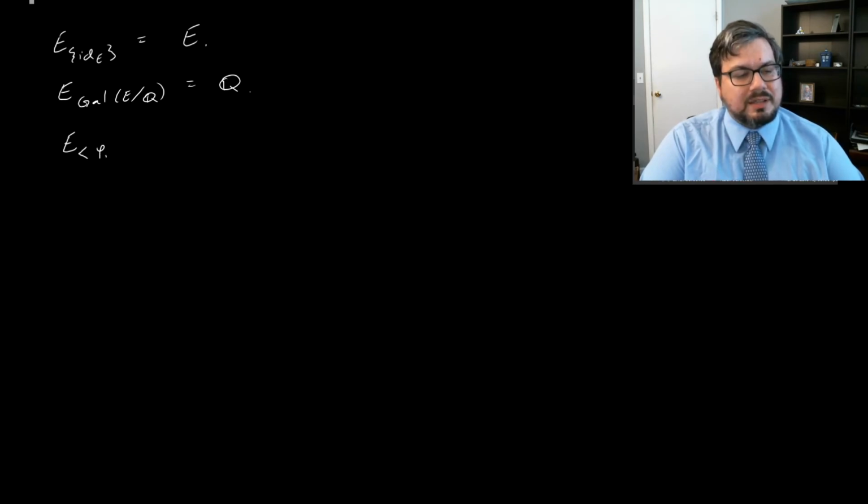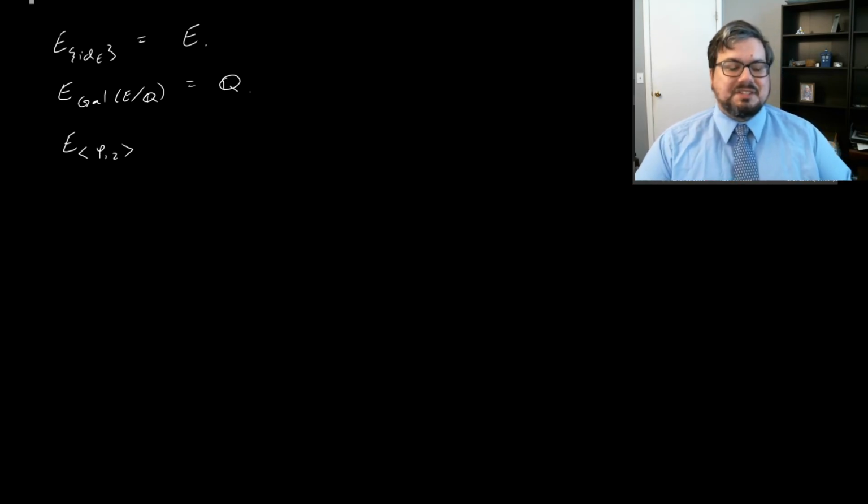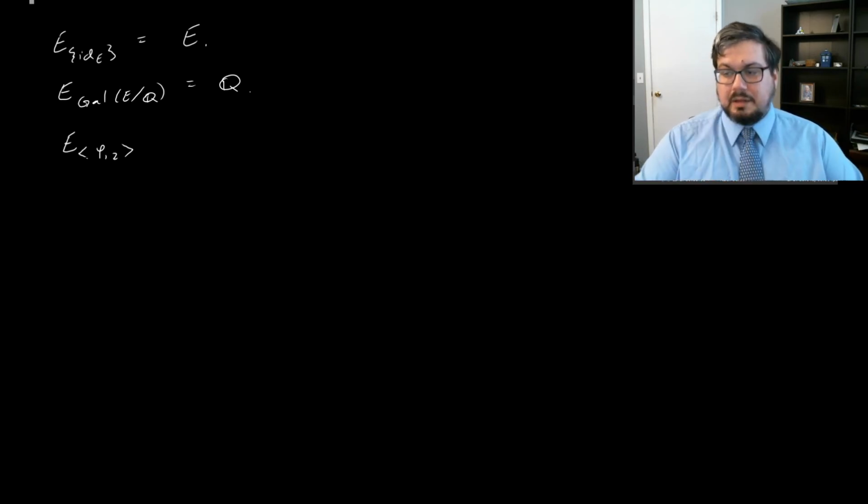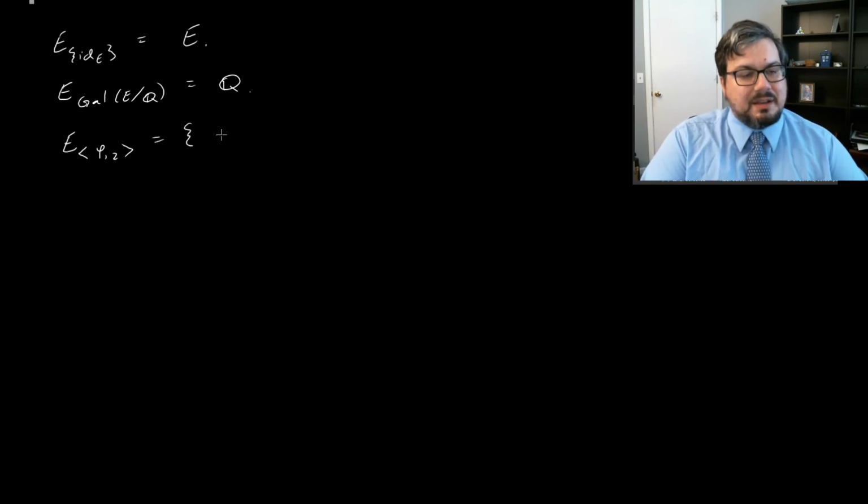So let's try looking at the fixed field of the subgroup generated by the automorphism phi12, which sends alpha 1 to alpha 2 and alpha 2 to alpha 1. So this is going to be the set of all elements x in E such that phi12 of x is equal to x.